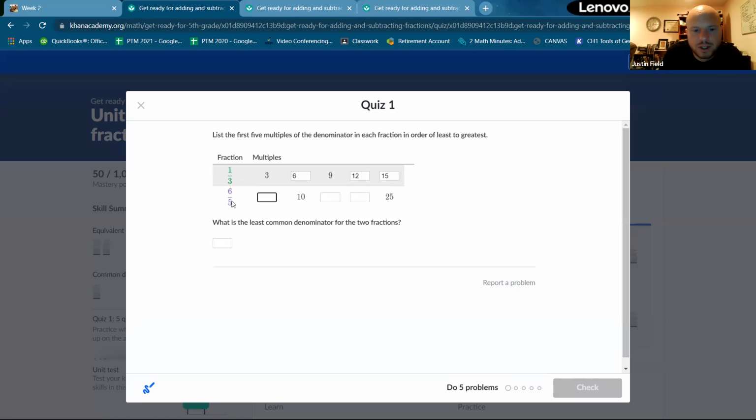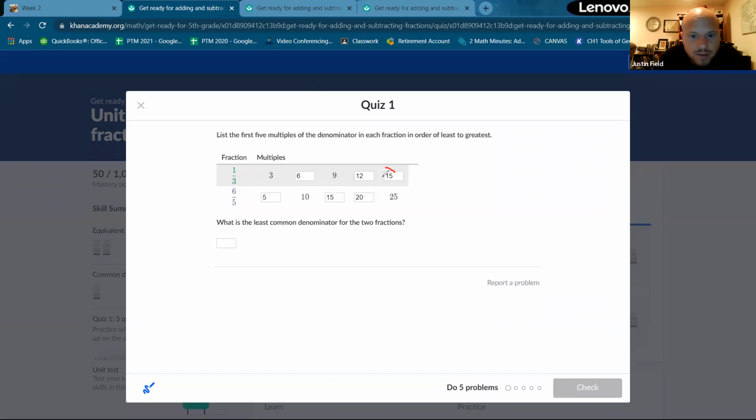And the same for 6/5. So we're going to skip count by 5s because 5 is the denominator in 6/5. Which is the least common denominator of the two fractions? So now we want to look at our multiples lists and find the number we see in both lists.